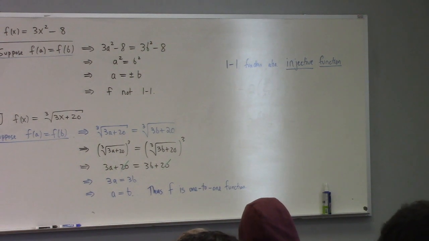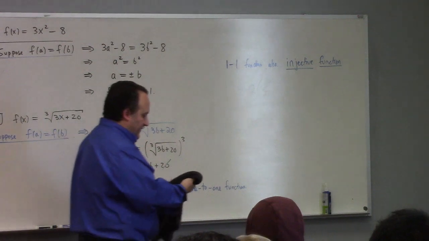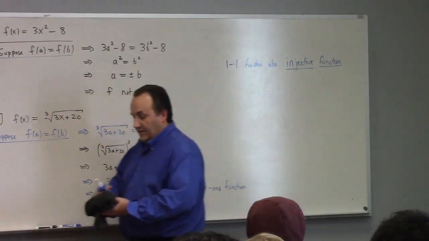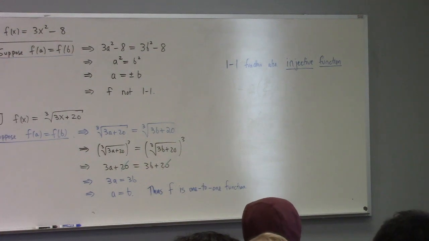Before I even define that, let me ask you a question. What is a function? What is the important property that a function has to have? If I give you an input, how many outputs do you get back to me, if you're a function?